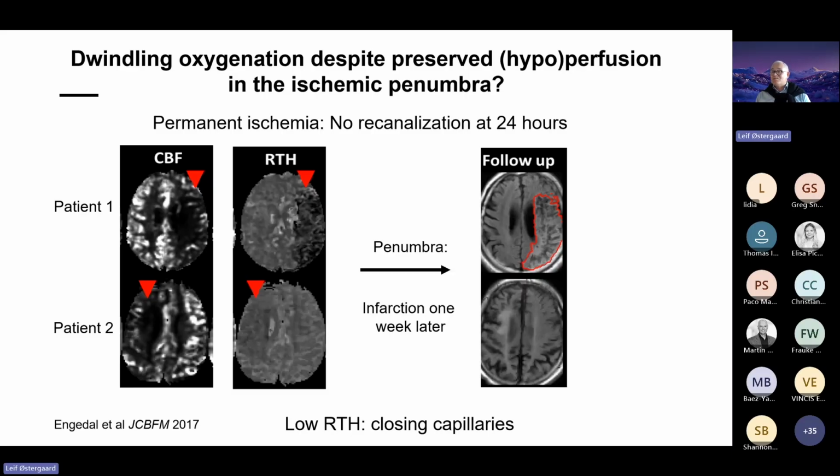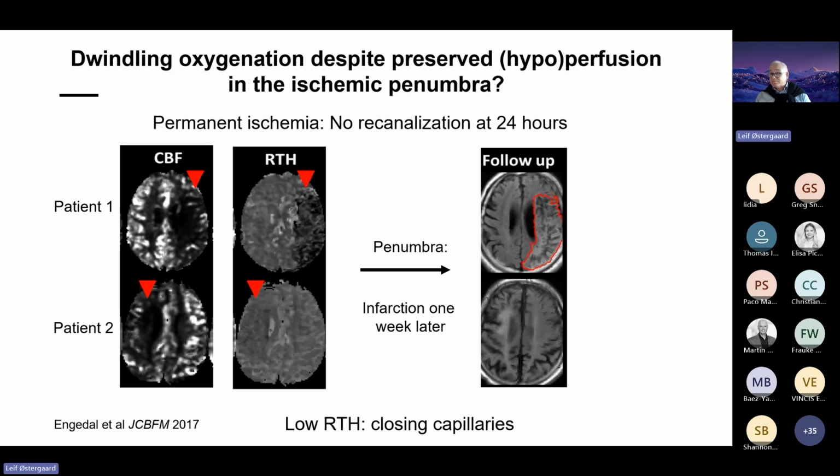And that actually means, because you know that now, that if recruitment fails, there are fewer open capillaries, then the oxygenation decreases. So this concept we have of the penumbra, that it is really preserved low blood flow that maintains the same level until we reperfuse, that is true. But the same is probably not true of oxygenation, because if you have capillaries closing the whole time, then oxygenation will fall too.